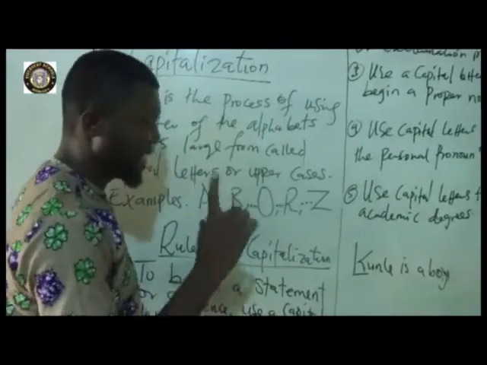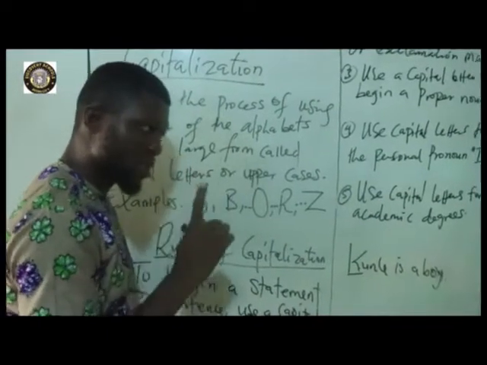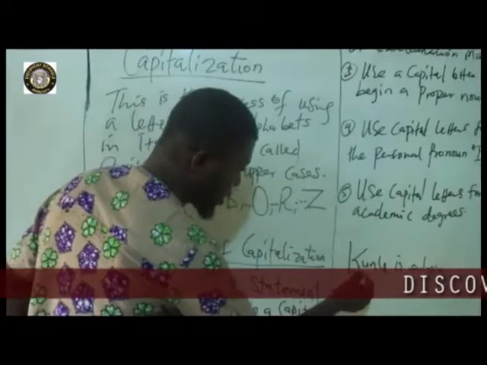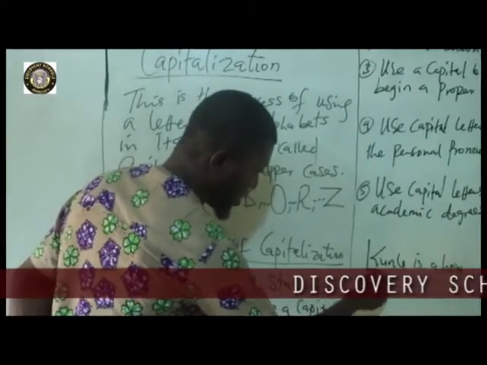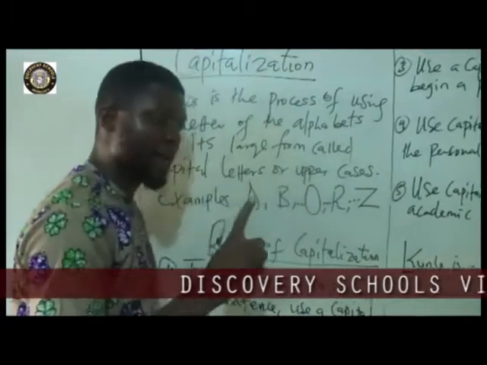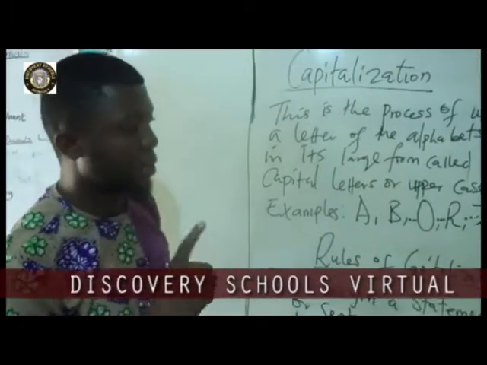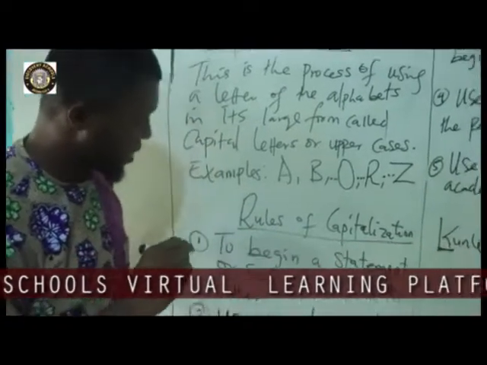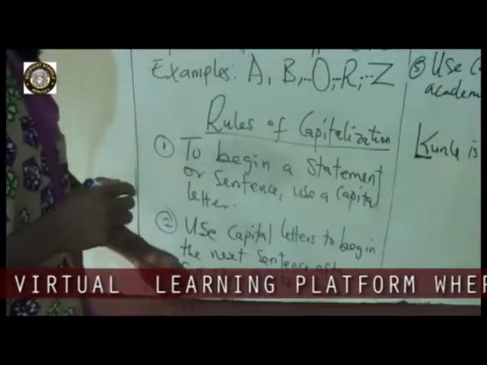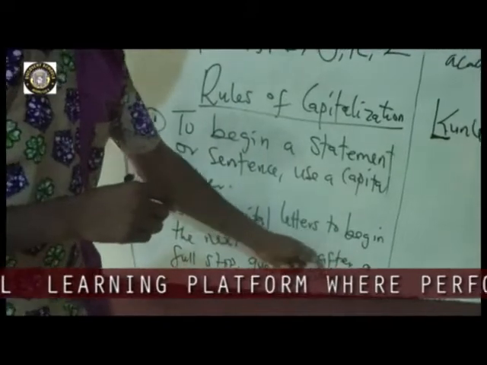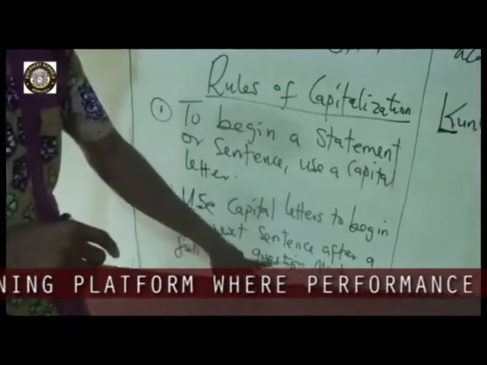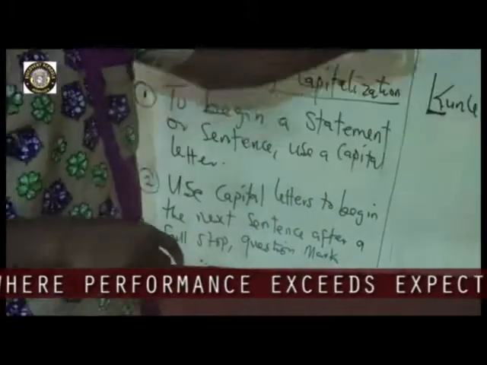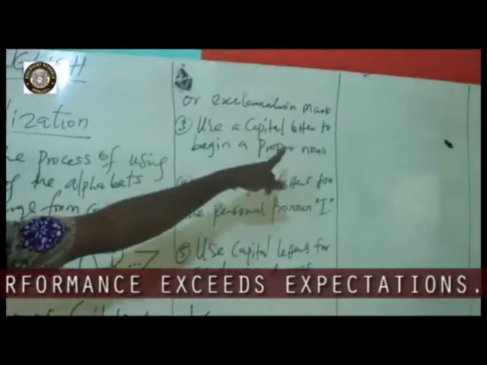The first letter of the first word of every sentence must commence with a capital letter. That's just one of the times we employ capital letters. Now the second instance is to use a capital letter to begin the next sentence after a full stop, a question mark, or an exclamation mark.